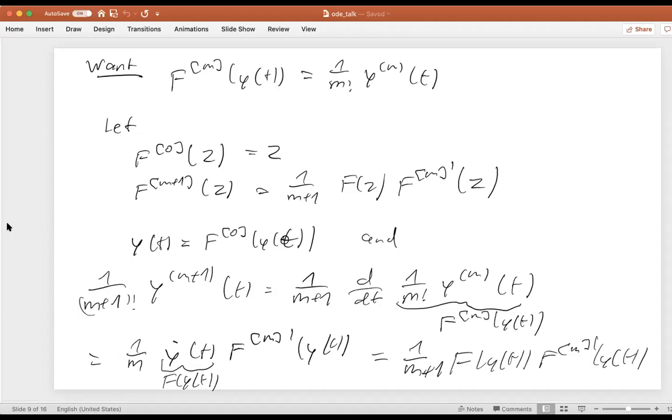Okay. And so now we have to show that B_m is polynomial time computable. And the idea here is that we only have to evaluate in 0. So we only evaluate f_m of 0. And this gives a finite recursion on the power series coefficients.